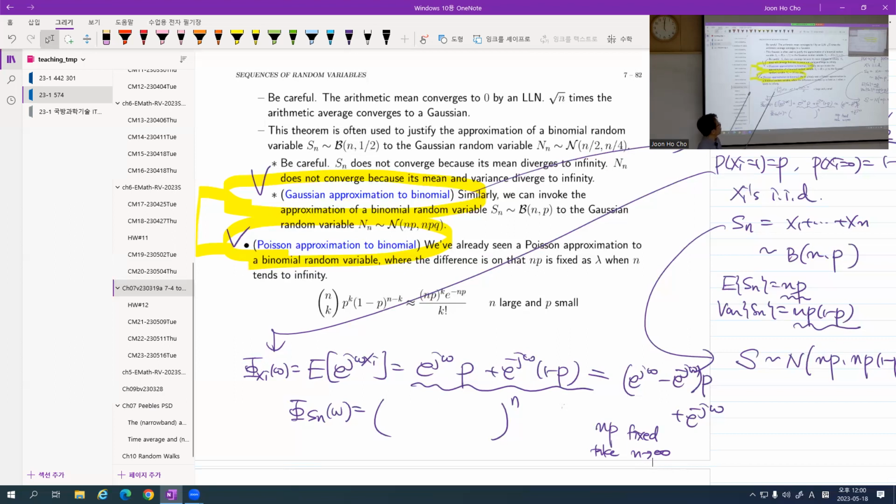The difference is that since the Gaussian case is the central limit theorem, you normalize and then show the convergence of the sequence of characteristic functions to e to the negative omega squared divided by 2. But here, since it is not a central limit theorem, you just take the limit of the characteristic function of S sub n. If you just fix p, it blows up. So here, you fix np and let n tend to infinity.